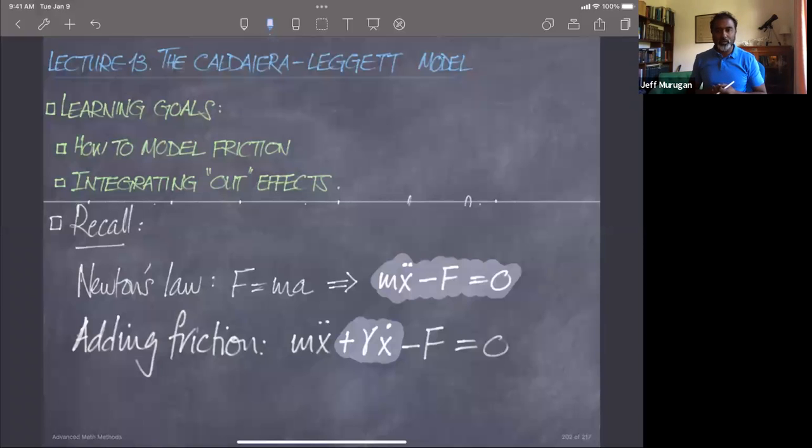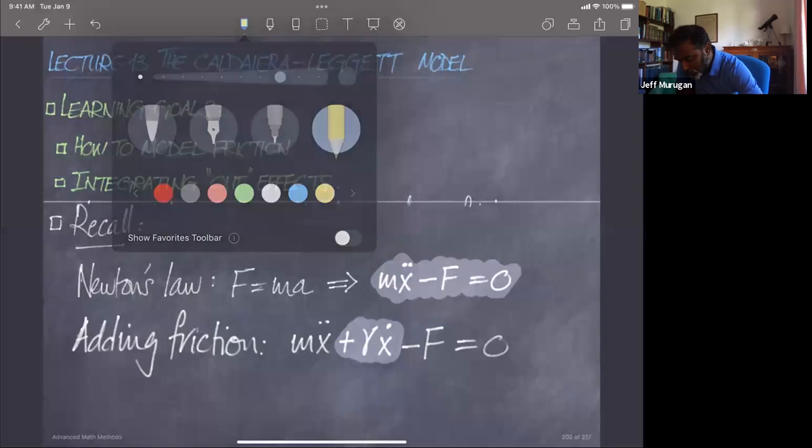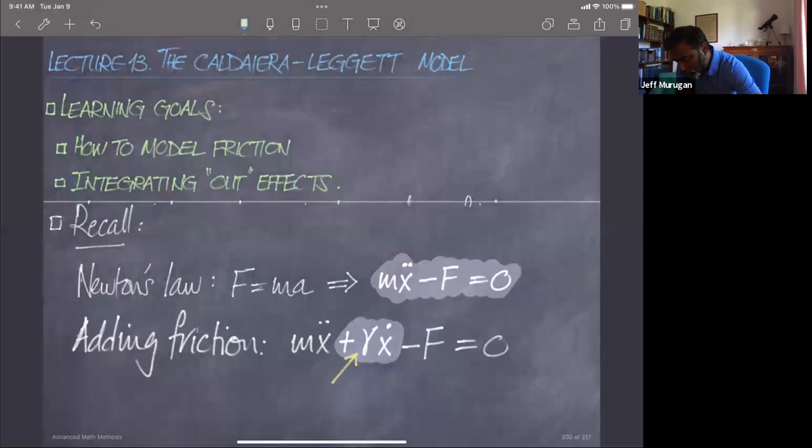This is what the effect of friction is. What we want, as mathematical physicists, is to try and come up with a deeper understanding of where such a term might arise from. Okay, so this is what Caldeira and Leggett chose to do. The Caldeira-Leggett model of friction. So the question that we have here is, where does this come from?